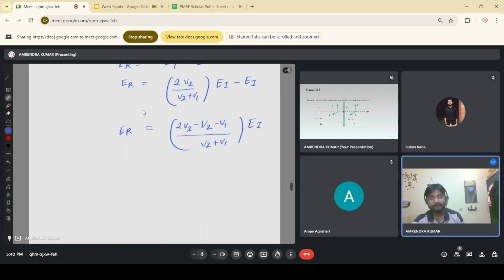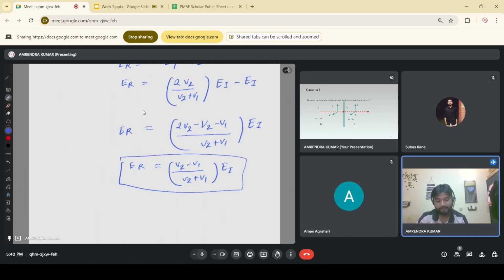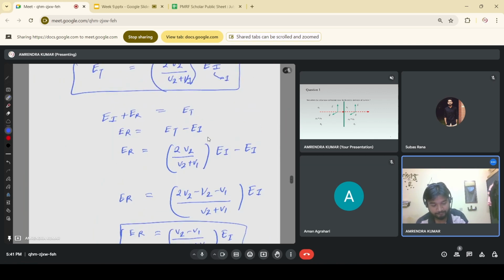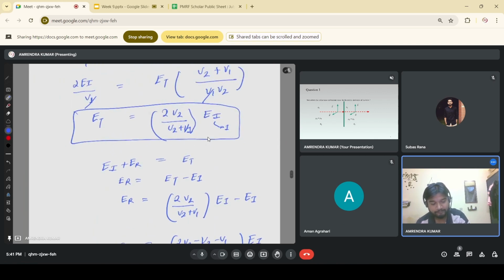So you can see that the reflected amplitude will be V2 minus V1 over V2 plus V1 times EI. This is the total reflected amplitude, how much is going to be reflected. So these are the coefficients: this is the reflectance and this is the transmittance.